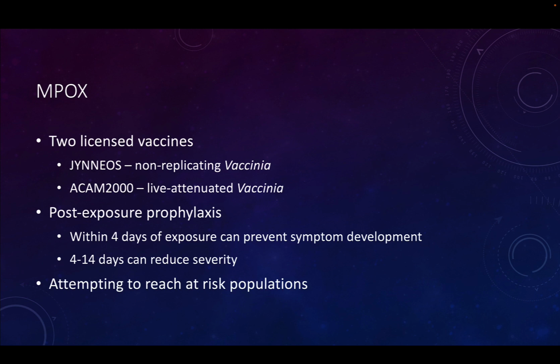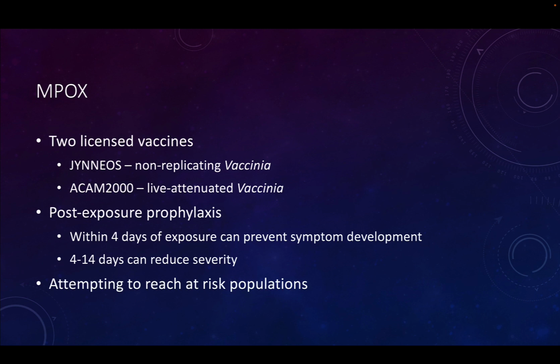Because there is a relatively long incubation period, patients who have been exposed or may have come into contact with an Mpox patient could receive post-exposure prophylaxis that could prevent development of symptoms just at all. So, if somebody that you had close contact with calls you and says, hey, I know we hung out a couple days ago, I've got Mpox, go get the vaccine.